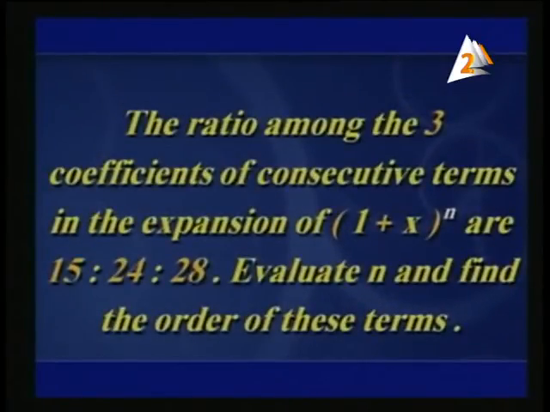The ratio among the three coefficients of consecutive terms in the expansion of (1 plus x) all to the power n are 15 to 24 to 28. Evaluate n and find the order of these terms.